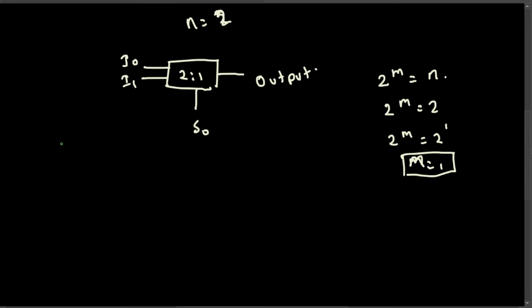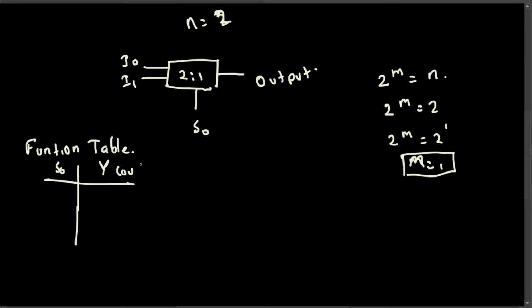Now let's look at the truth table for the multiplexer. This is for the 2 by 1 multiplexer. S0 is the select line, and Y is the output.